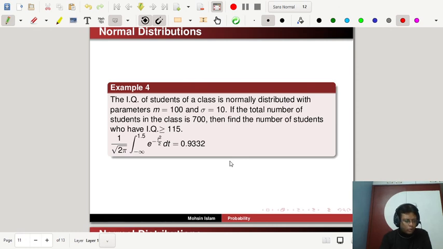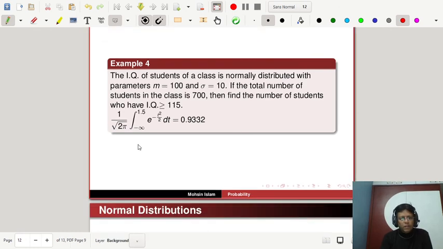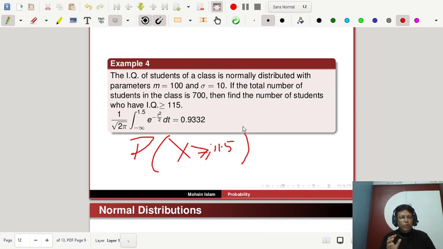If the IQ is represented by x, you have to calculate probability of x greater than or equal to 115, and x minus 100, the mean, you can check the standardized value, and with the given data you can find the value.